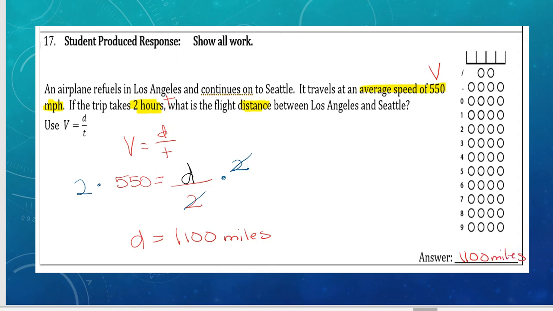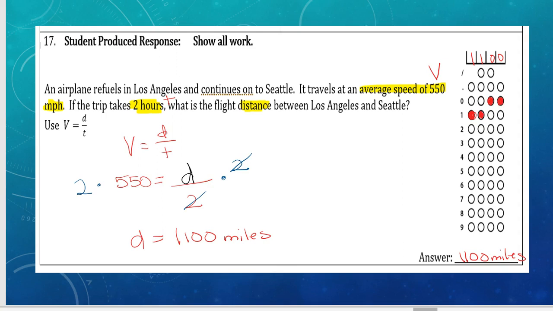And this is a gridded response, so 1100 is going to take up all 4 spots. And let's bubble in 1, 1. Oh, oopsie daisy. Let me get my eraser. 1, 1, 0, 0.